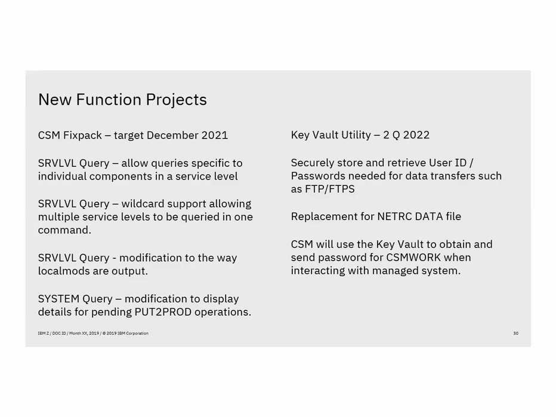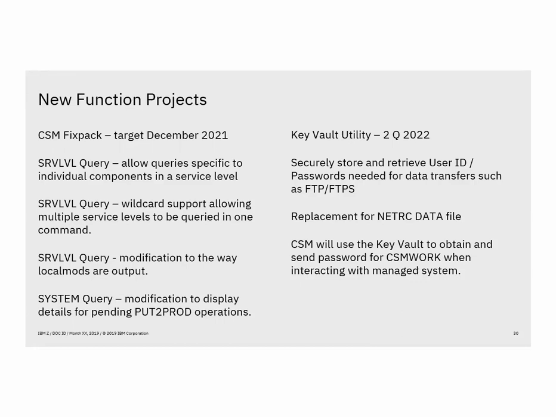So the first, and these are all available for you to peruse on the new function webpage on the IBM VM website. The first of the new function projects is a CSM fix pack.